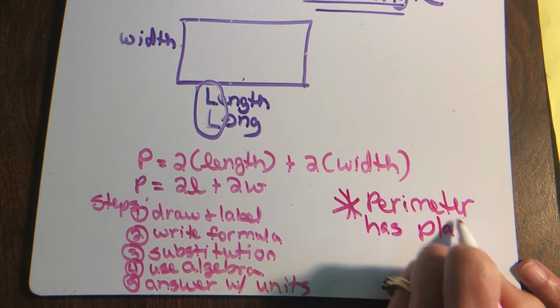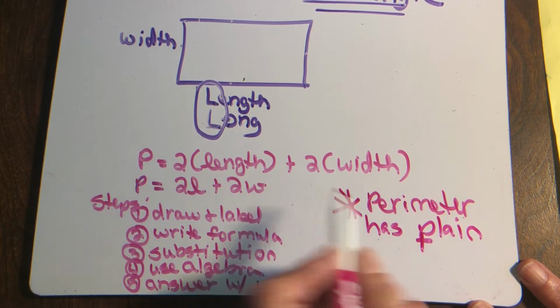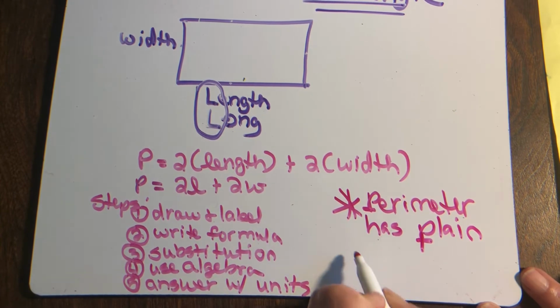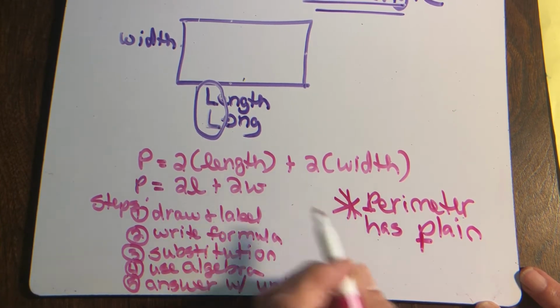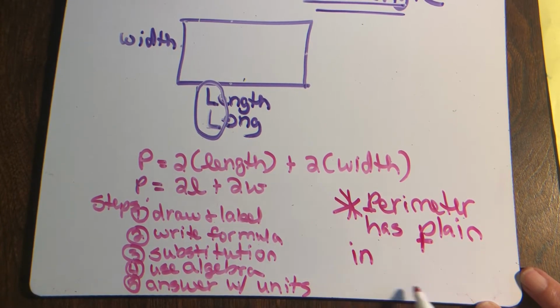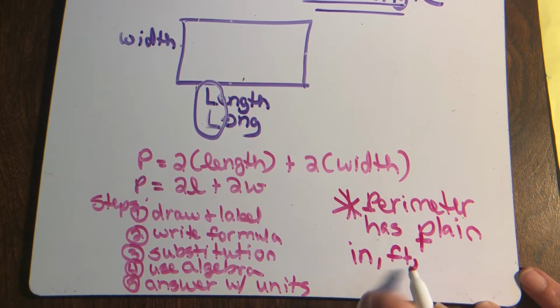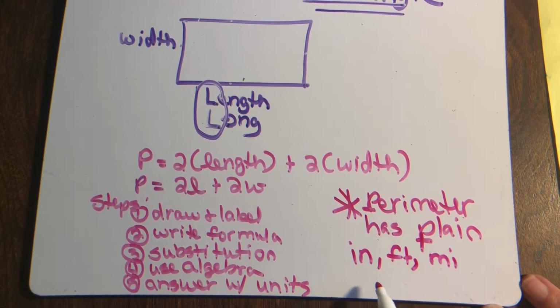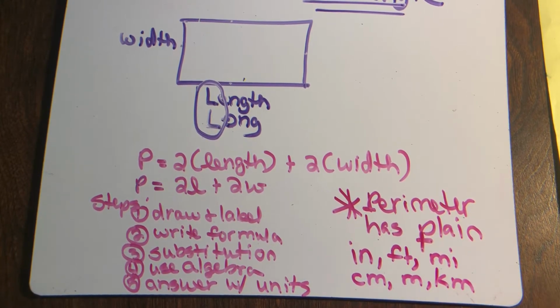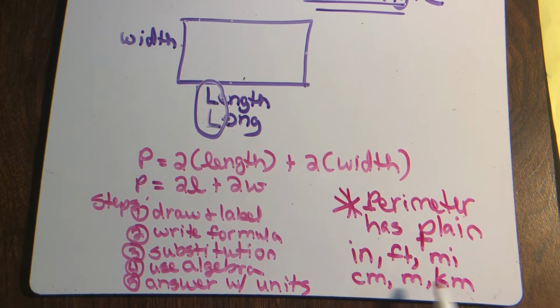I say plain because the P for plain goes with the P for perimeter, and that means if you had inches, then it's just inches, or feet, it's just feet, or miles, or centimeters, or meters, or whatever your units are. You don't have any squared, like it's not inches squared or inches cubed, just plain units, okay?